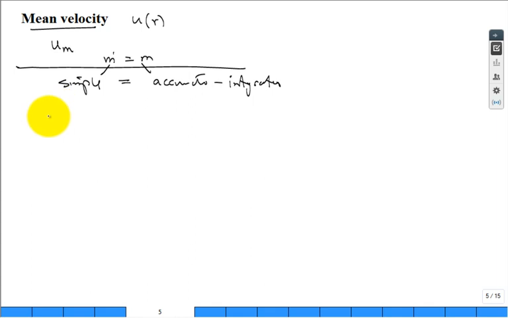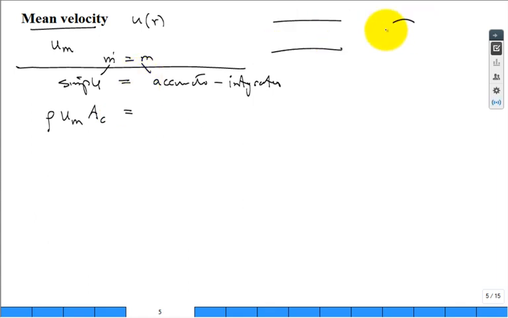So the simple would be the density of the fluid, the mean velocity of the fluid going down the pipe, that's that average velocity, times the cross-sectional area of the pipe. Wouldn't that give me a good expression for mass flow rate? And this is where I'm going to then get the definition or an expression for u sub m. So if I look at my pipe, again, I'm sketching it here.